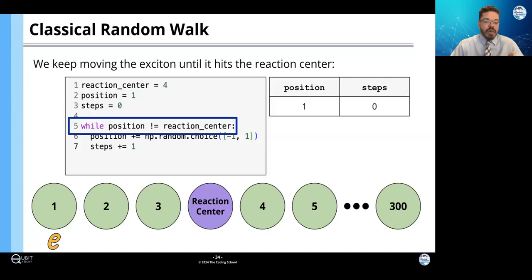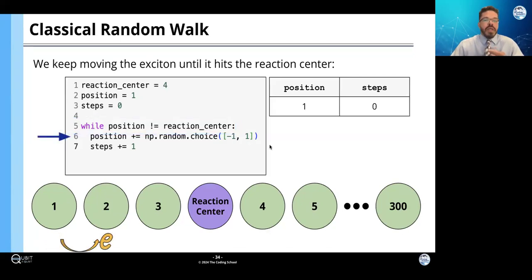And we increment the number of steps. Line number 6 involves the exciton moving left or right. It's random. We don't know whether it's going to move left or right, but we know it's going to move.